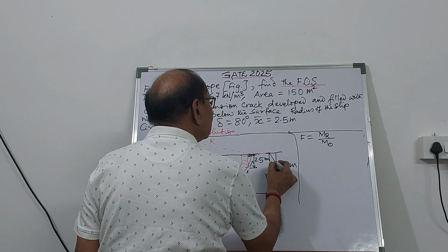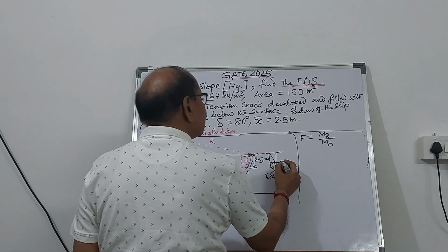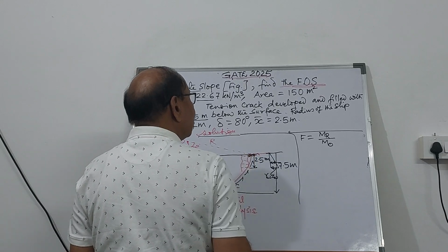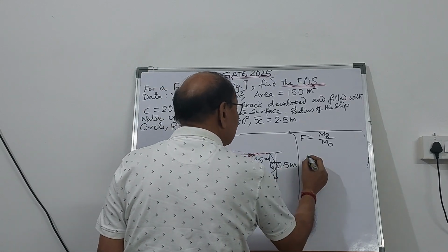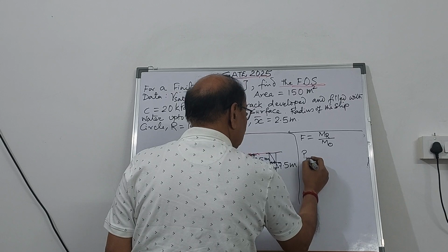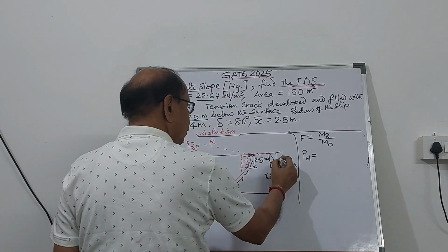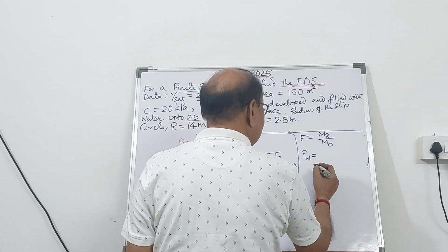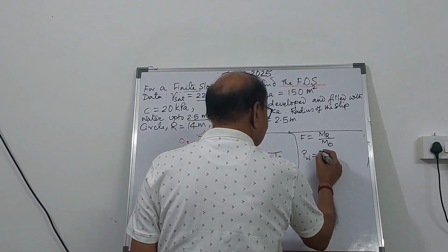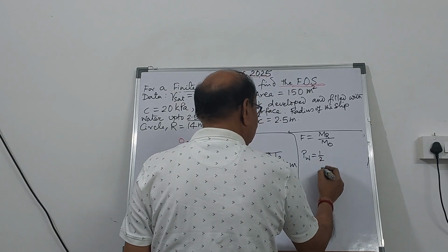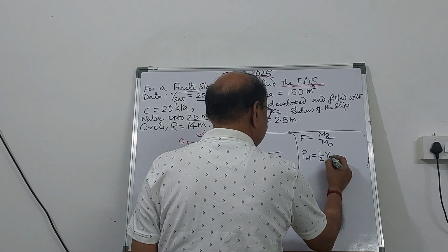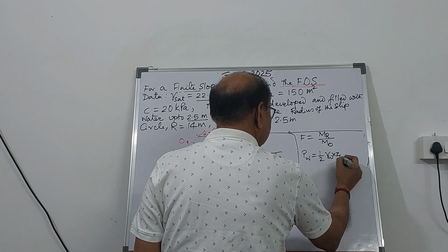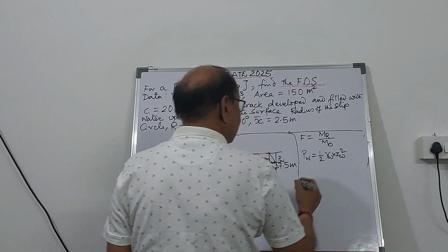So the total thrust due to water which is getting filled into the crack, PW, the thrust due to water in the tension crack is therefore given as half gamma W into ZW whole square.